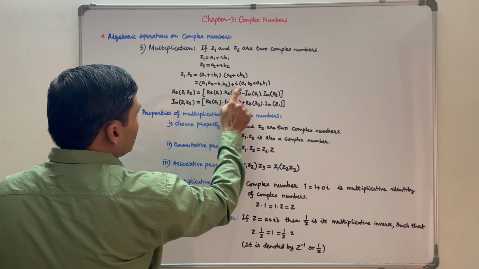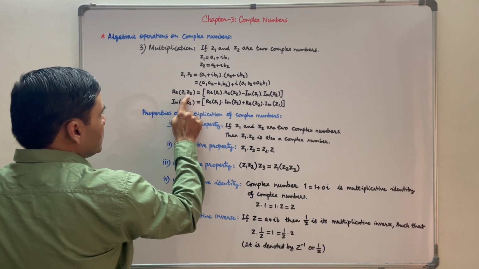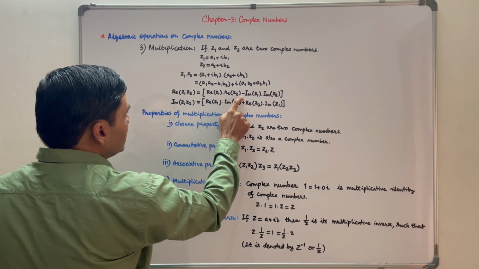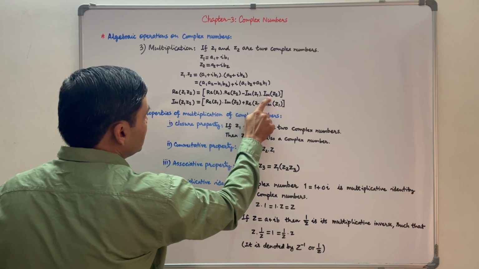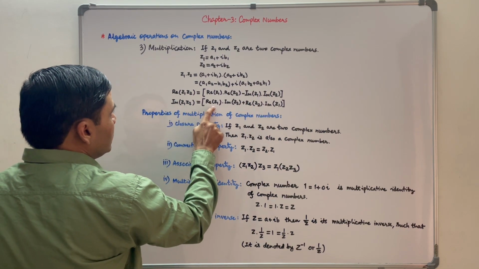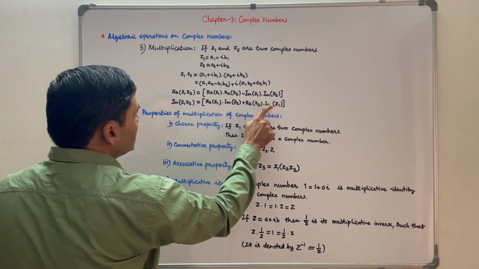This is real part and this is imaginary part. So we can write real of z1 z2 is equal to real z1 into real z2 minus imaginary z1 into imaginary z2. And imaginary z1 z2 is equal to real z1 into imaginary z2 plus real z2 into imaginary z1.